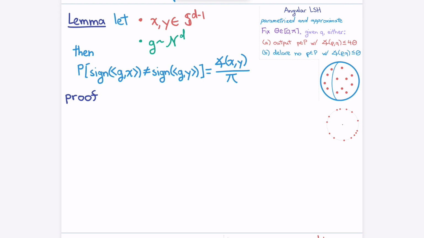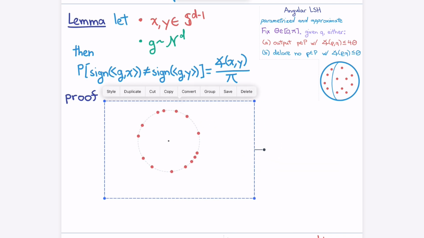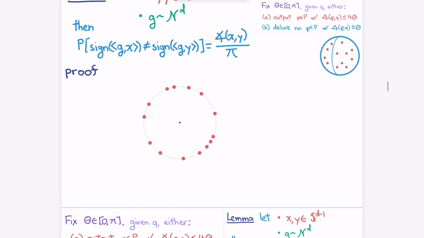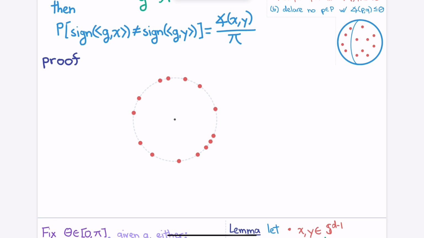Question is why, and how to see this. Okay, if it was at least in 2 dimensions, then as we discussed, this is some random line like this.